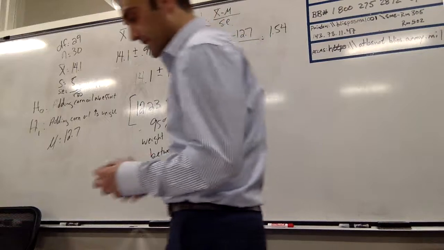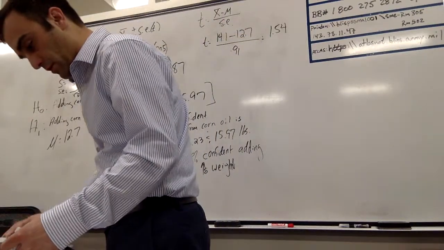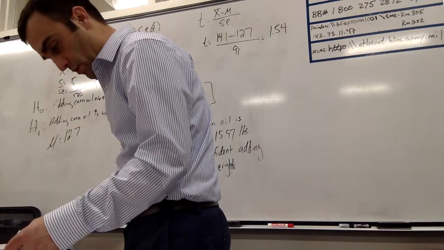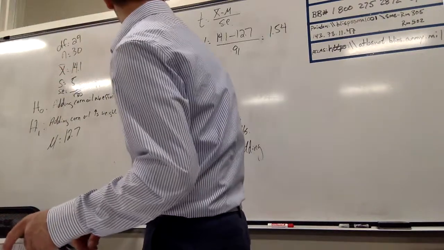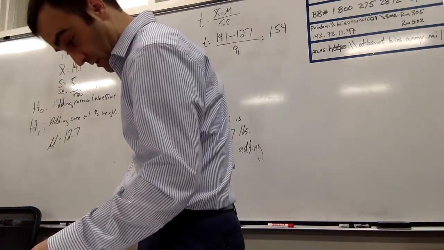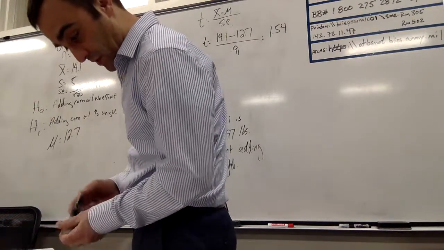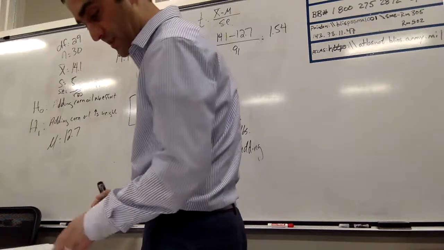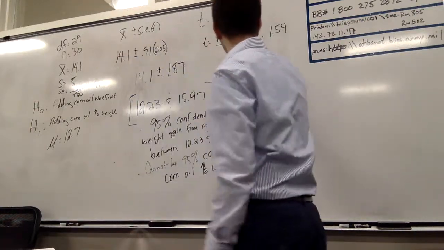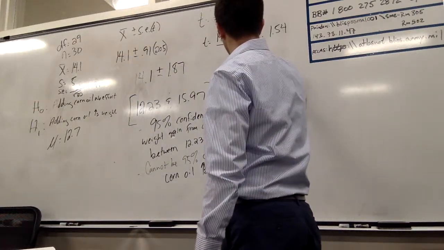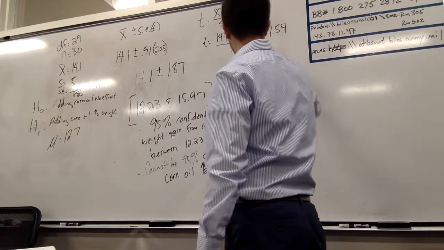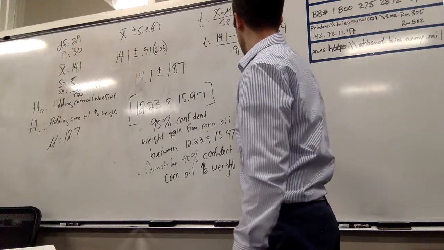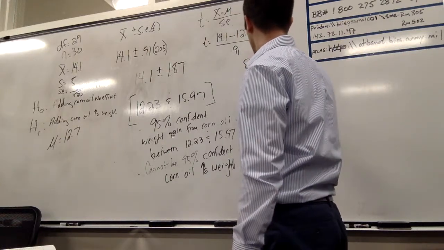And if you go to your T table, you've got 29 degrees of freedom. So you're in that row. You're looking for 1.54. It lies between the 1.311 and 1.699, or between the 80 and 90% confidence, which means that there's between 10 and 20% error, which is bad.